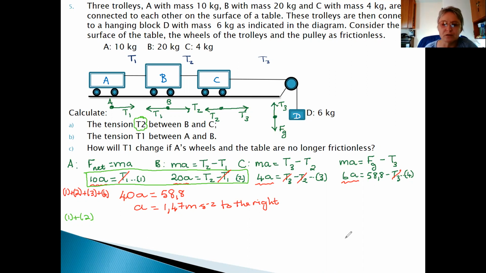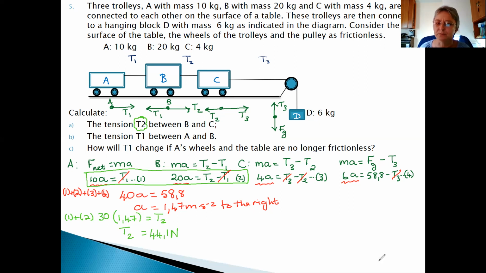So we go for that option. 10A plus 20A would give me 30A, and A we calculated to be 1.47. So 30 times 1.47 equals T2. So T2's value is 44.1 newtons.